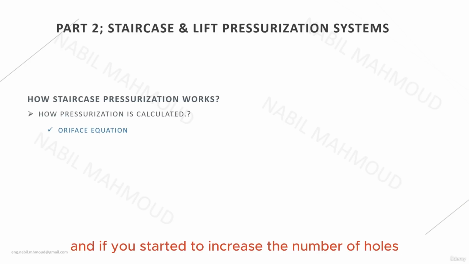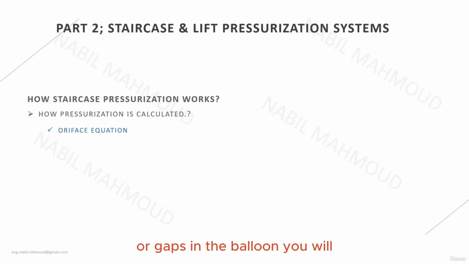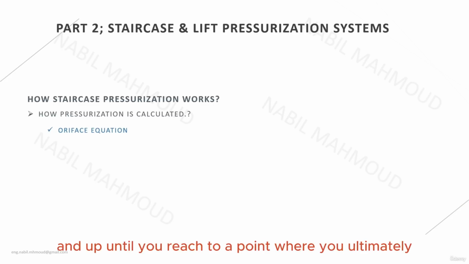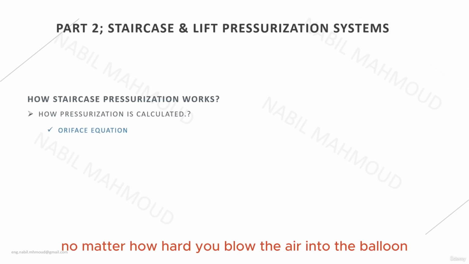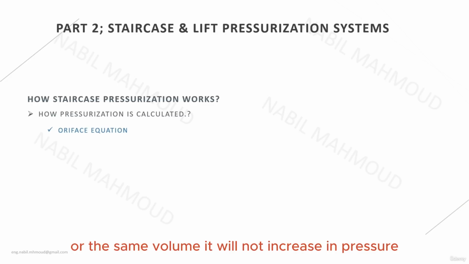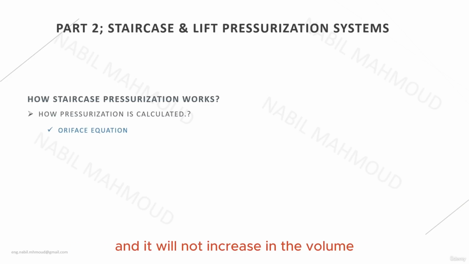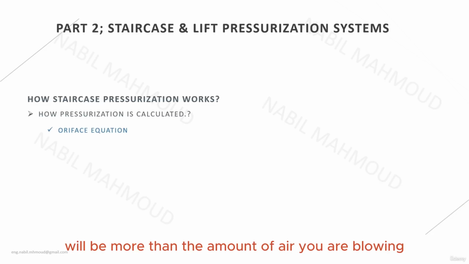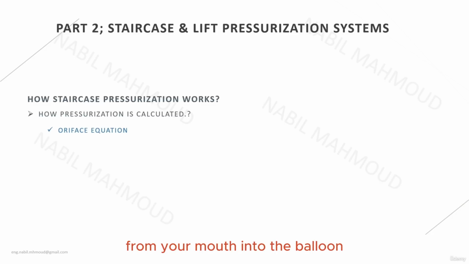And if you increase the number of holes or gaps, the amount of air escaping will increase, up until you reach a point where, no matter how hard you blow air into the balloon, it will maintain the same pressure or the same volume. It will not increase in pressure and it will not increase in volume. And in some cases, the amount of air escaping from the balloon will be more than the amount of air you are blowing from your mouth into the balloon.